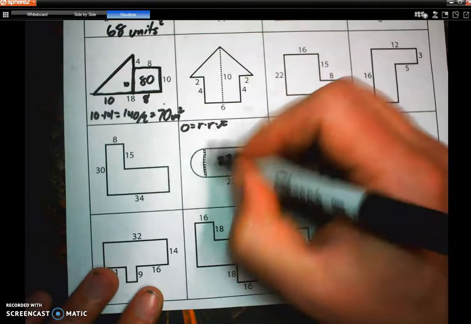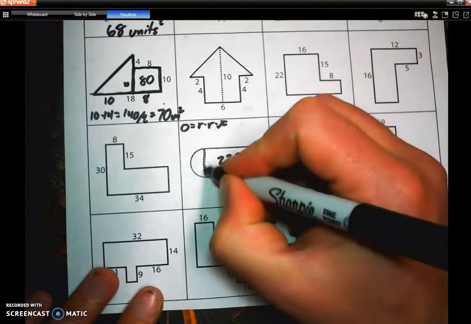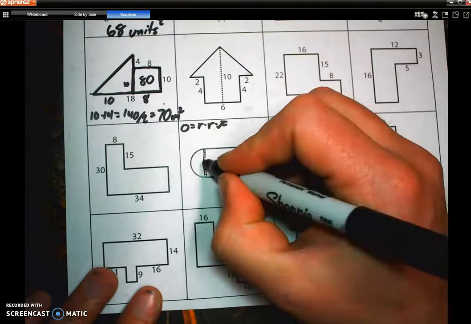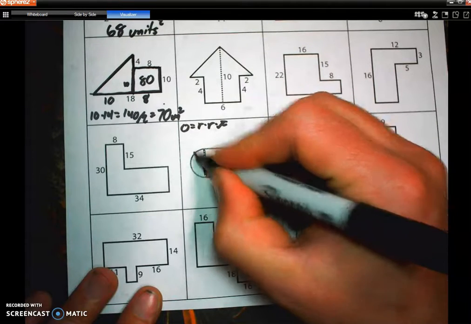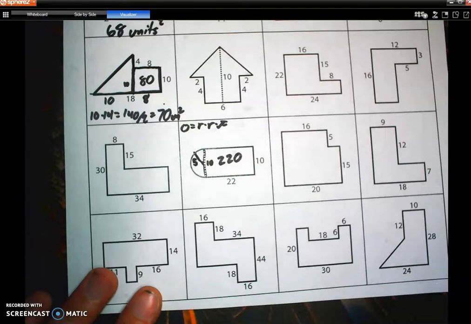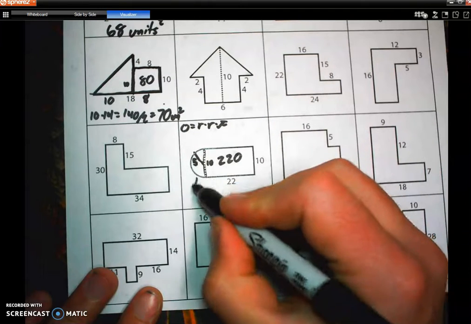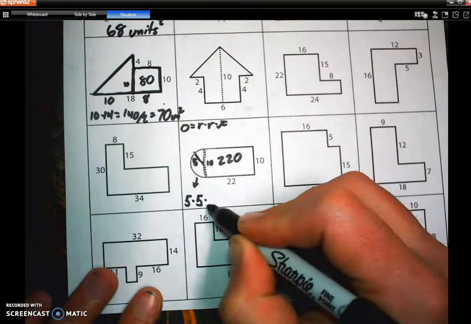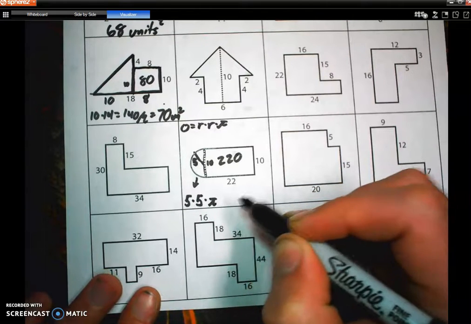Now I have to figure out the radius. I know this length here is 10, and the radius is half the diameter, so the radius is 5. So I go radius, 5, times radius, 5, times pi, 3.14.